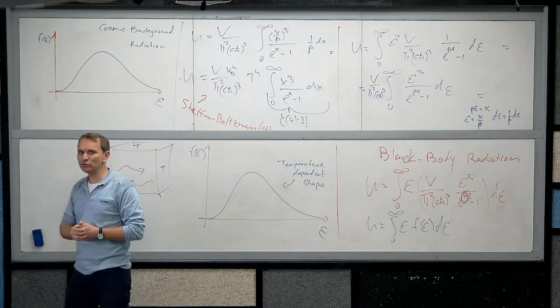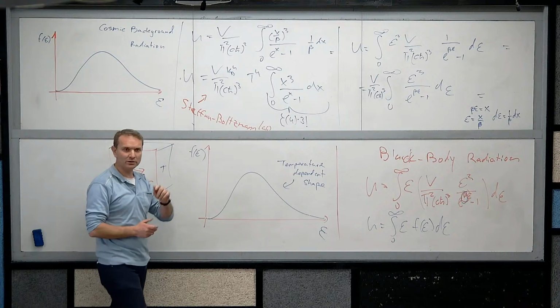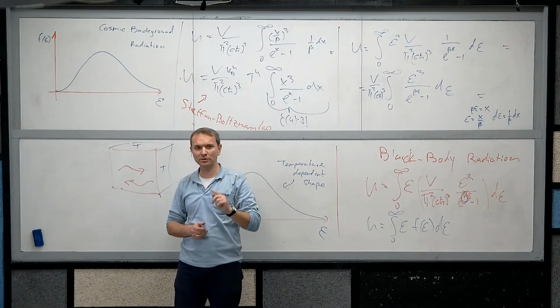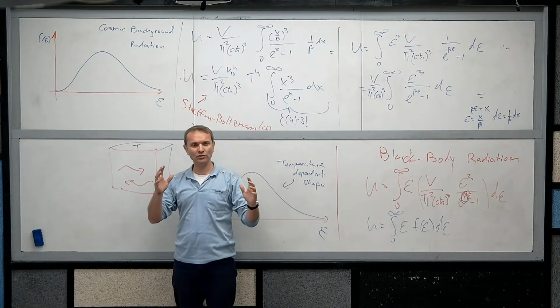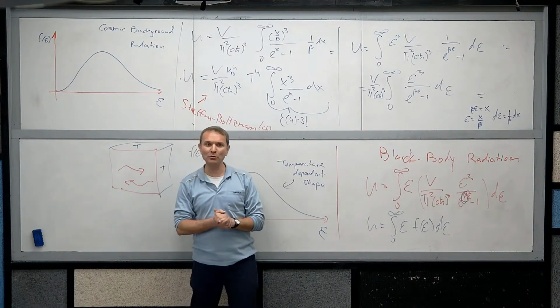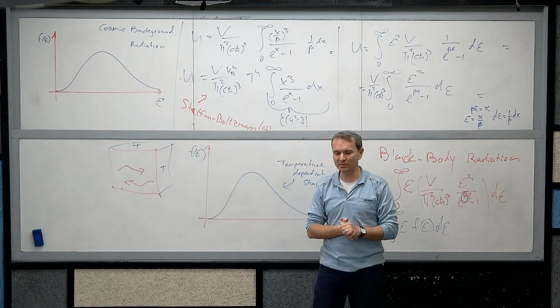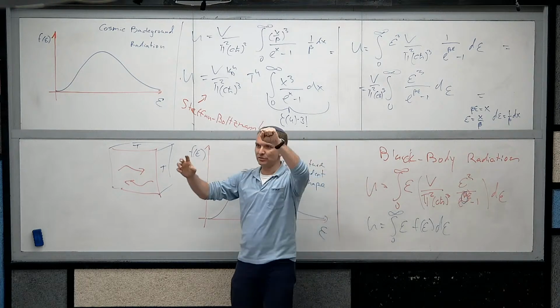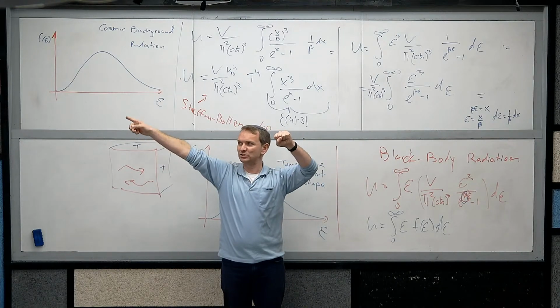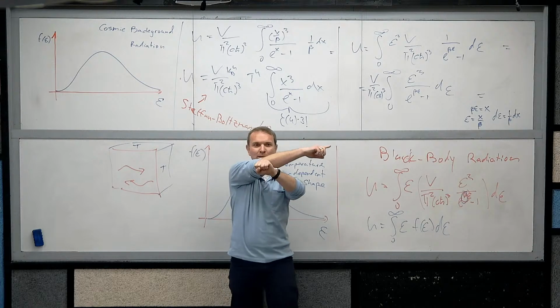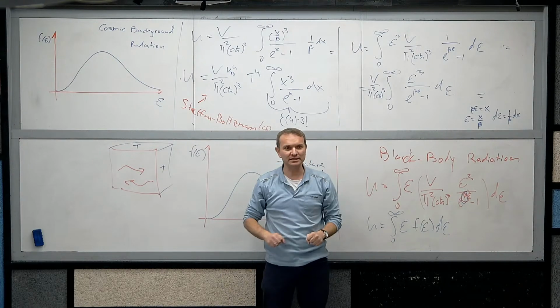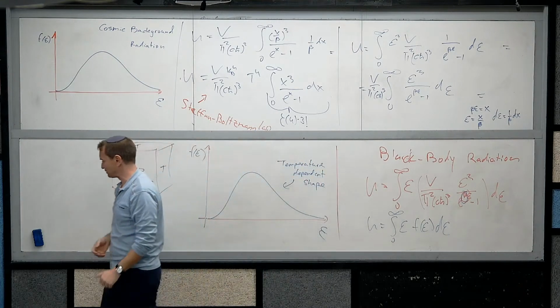This noise was exactly the same no matter where they pointed their telescope, and no matter the time of the year. So basically, if this is the sun and this is the earth, sometimes you're pointing in that direction, and sometimes in that direction, and still you're getting the same signal.